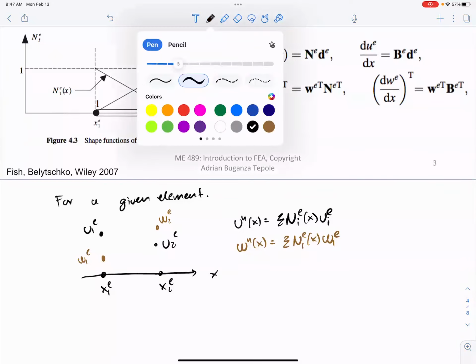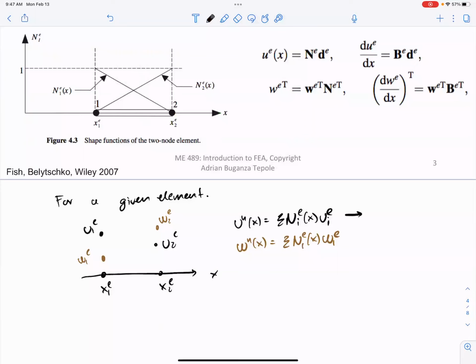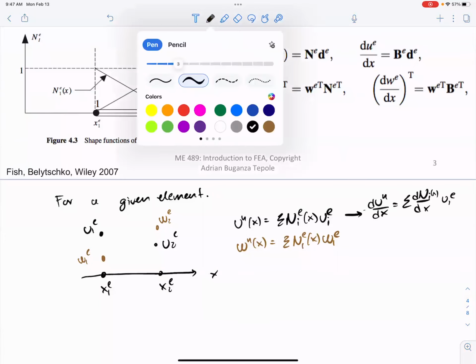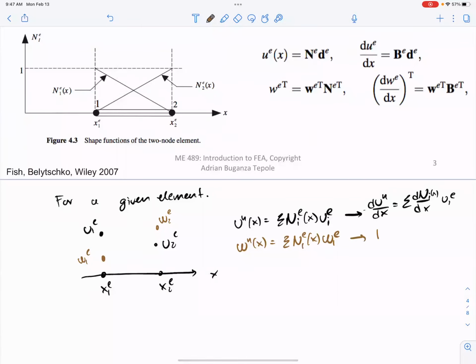We did this maybe two weeks ago: if you have this, then you also have the derivative. So du^h/dx is just the sum of the derivatives of the shape functions with respect to x times the nodal values. And dw/dx is also just the sum of the derivatives times the nodal values.